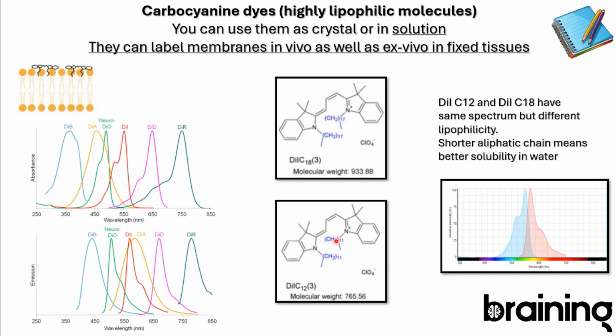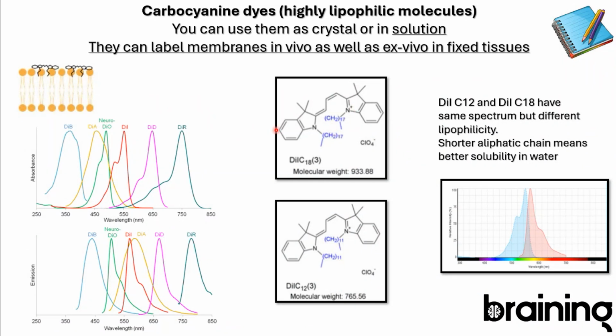So it might be, such as in this case, di C18 means you have 18 carbons here, so a longer aliphatic chain, a more lipophilic compound, versus di C12 as an example, where you only have 12 carbons in this aliphatic chain, so a compound which is still lipophilic but less as compared to the previous one.